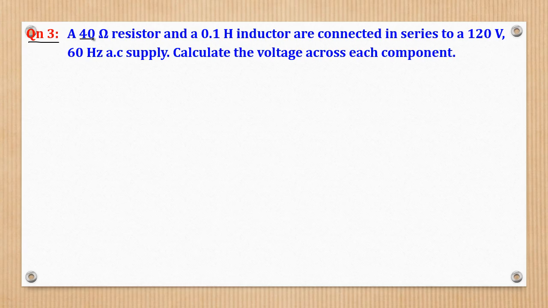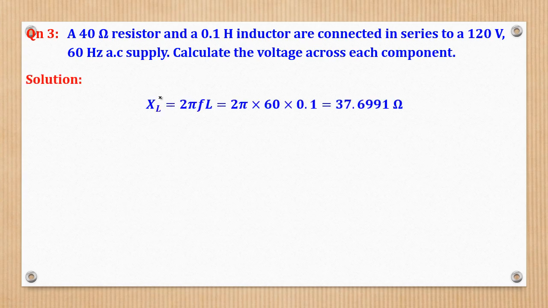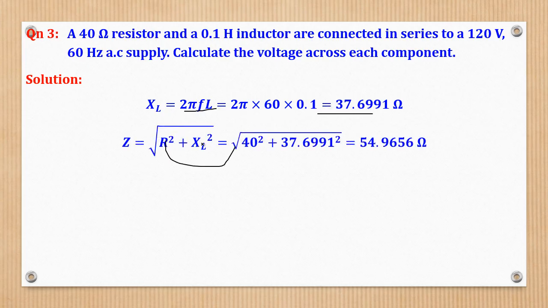Question 3. A 4 ohm resistor and a 0.3 Henry inductor are connected in series to a 120 volt 60 Hz AC supply. Calculate the voltage across each component. So we know that inductive reactance is 2 pi FL, which gives this. Then impedance is the square root of R squared plus XL squared to give you this.